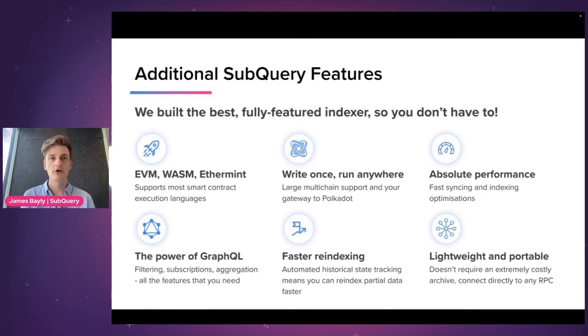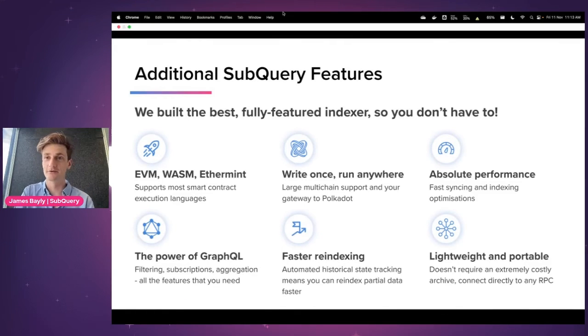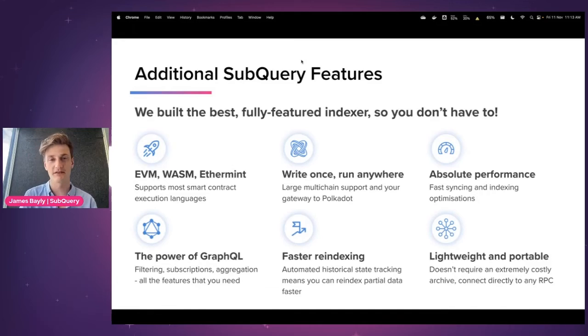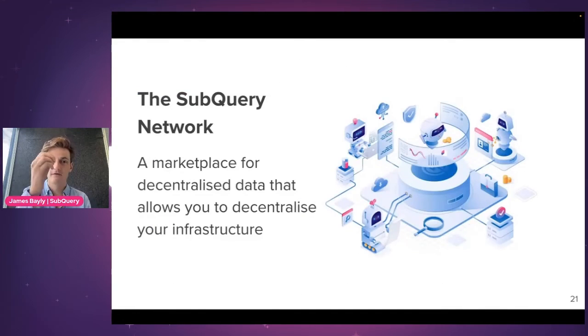And it can run on any computer around the world. It's very lightweight. It's designed to be portable. And what that means is that it's designed to be decentralizable in the long term. And that's where we're going with the SubQuery Network. The SubQuery Network is going to be a marketplace for decentralized data that allows you to decentralize your infrastructure.